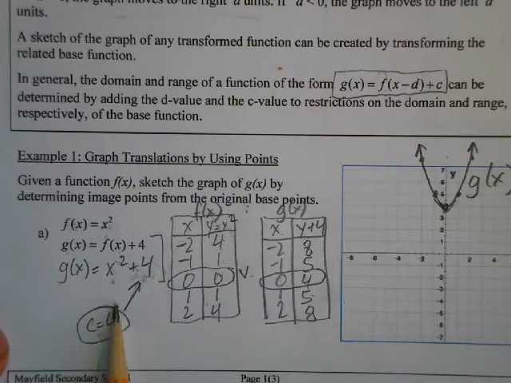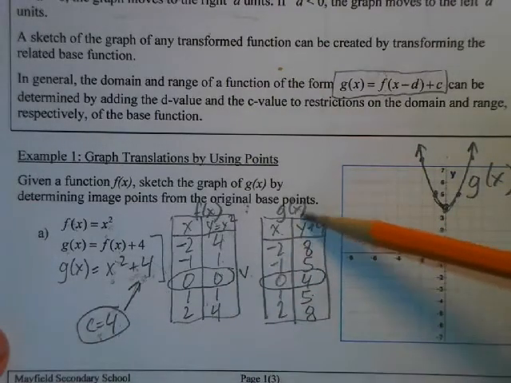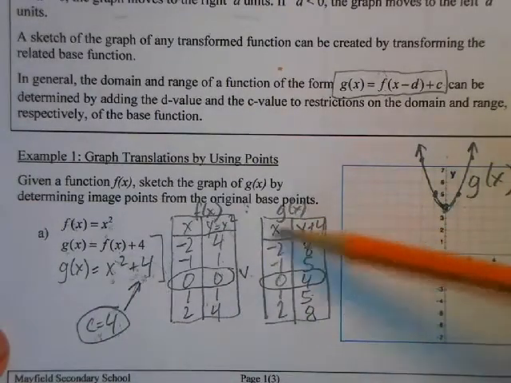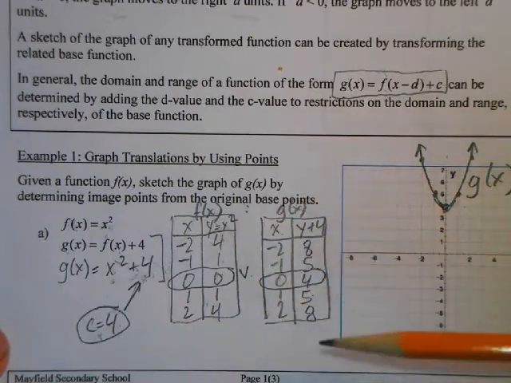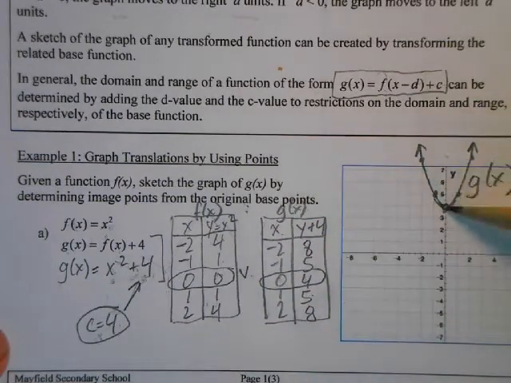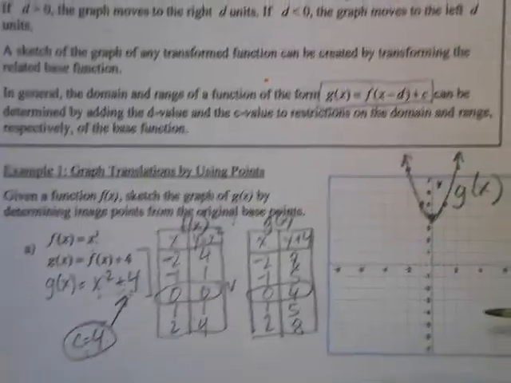Well, the value of d was 0 because we're just adding 4. We weren't changing the x coordinate at all. And then just modify the table of values for g of x for those new transformed base points, and then just put those 5 points on, and there's our sketch.